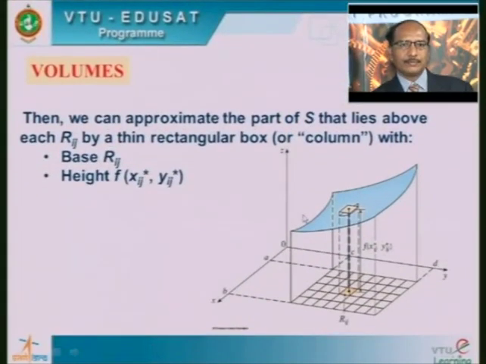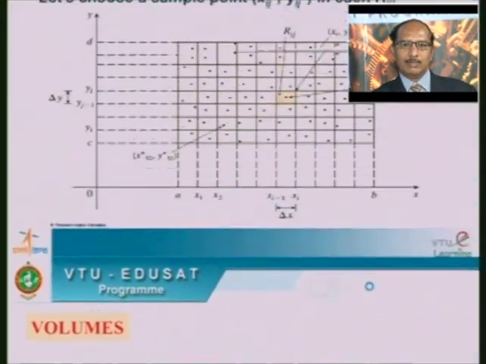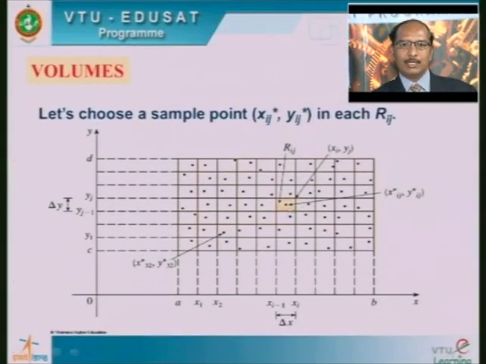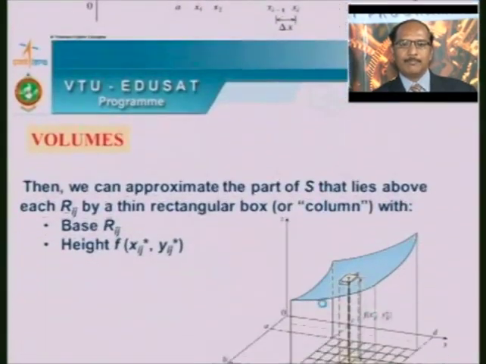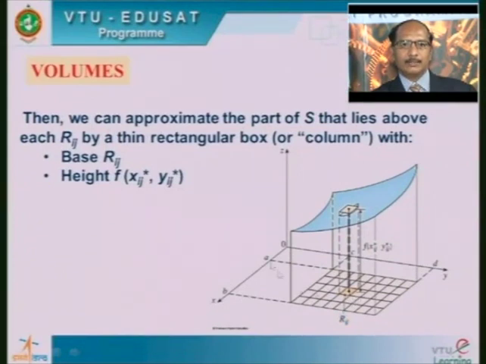Next, we can approximate the part of S. S, I told you, is the solid region that lies above the rectangle, below the surface. Now I consider the small sub-rectangle from the previous picture, this one, Rij.